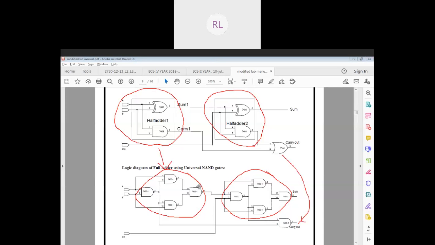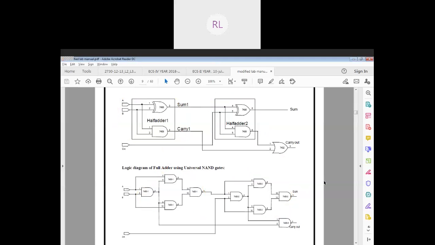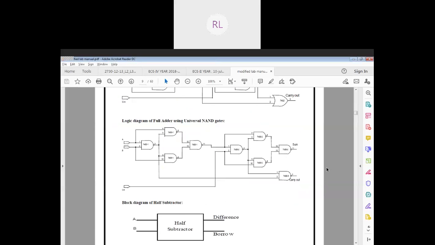Again, here you can convert this to your universal gates. If you observe carefully, let me just annotate so that it becomes easy for you to understand.